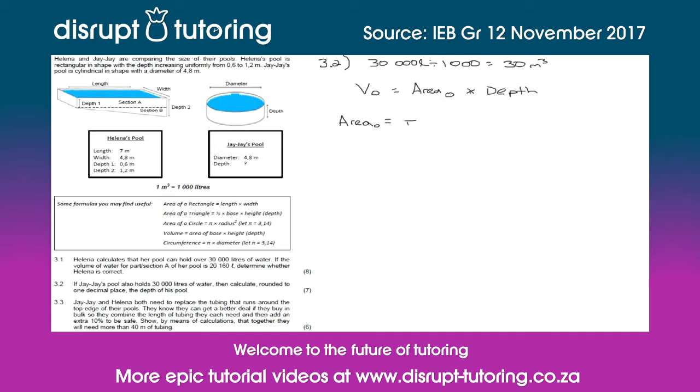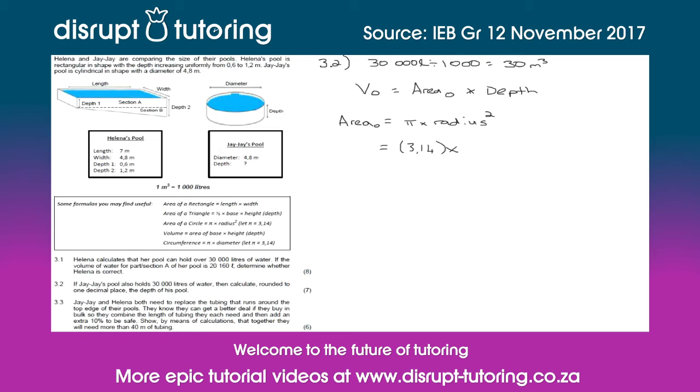So let's just find out what the area of a circle is, and that's going to equal pi times the radius squared. And they've told us, so this formula comes from here, and they've told us to let pi equal 3,14. So this is going to be 3,14 multiplied by the radius.